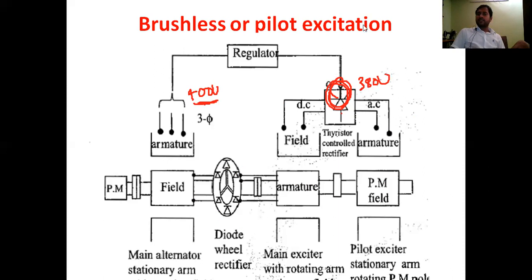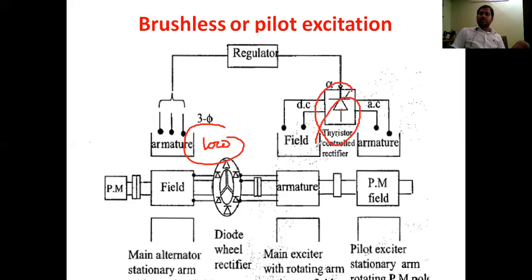So these two will be compared and the voltage will be improved by using the thyristor controlled rectifier. Where low voltage is available, the field current will be increased by using the thyristor controlled rectifier. Here the field flux will increase, the induced EMF increases, so the field current will be increased.